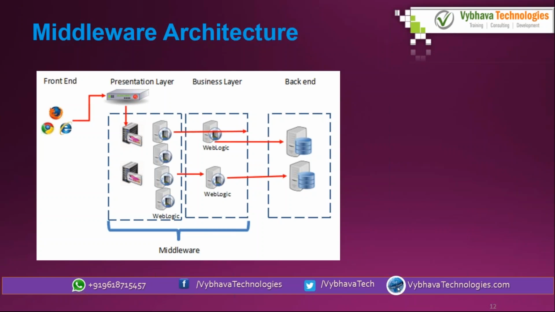The front end is where customers, bank customers, e-commerce customers, telecom customers, connect from a browser. The programs connected there are JSPs or servlets. These Java-based programs, JSPs and servlets, communicate in the front end layer.